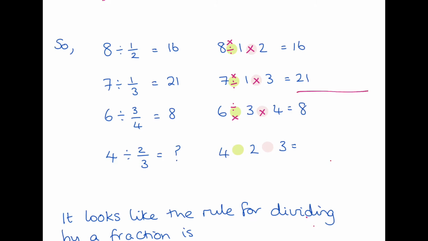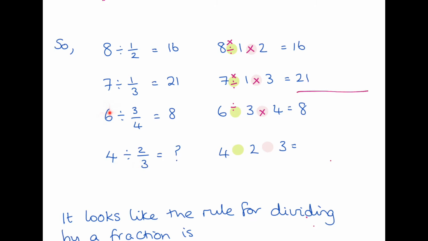So the divide works, but 6 times 3 is 18, times 4 is 72, so that definitely doesn't work at all. So what we can do is lose the multiply because we can see it's a divide. So what it looks like then is the rule is that you do this divided by that times that.